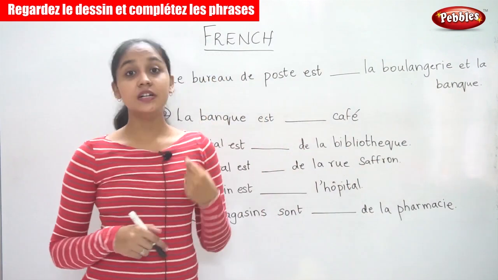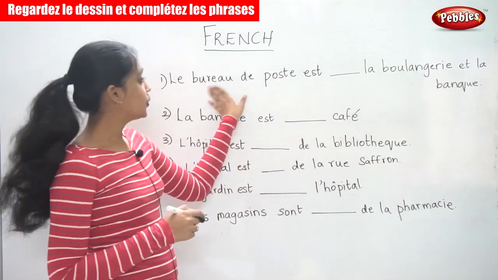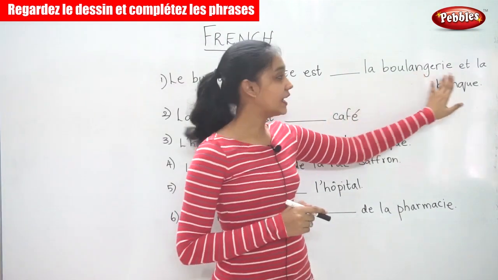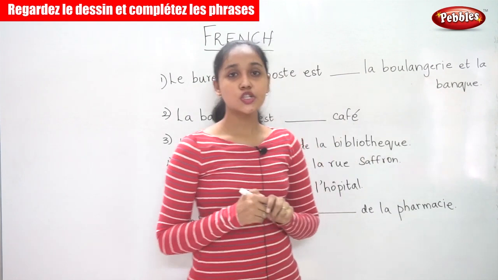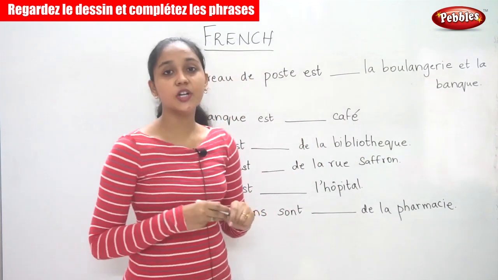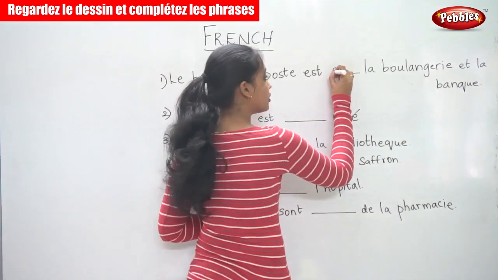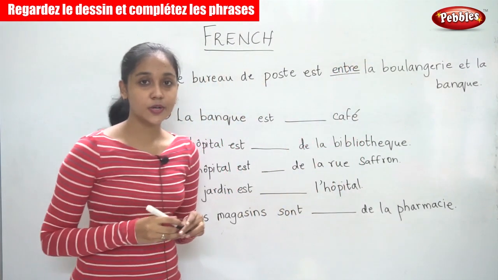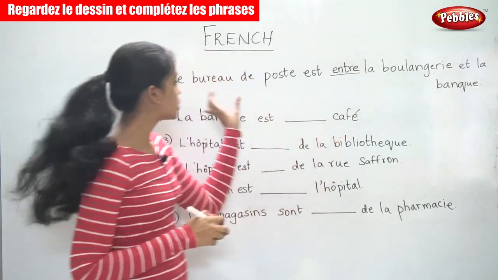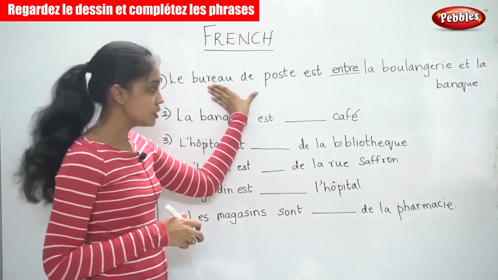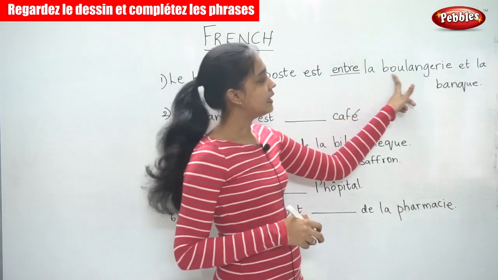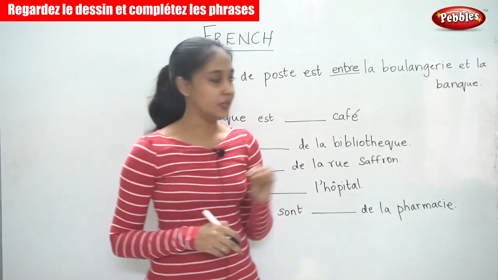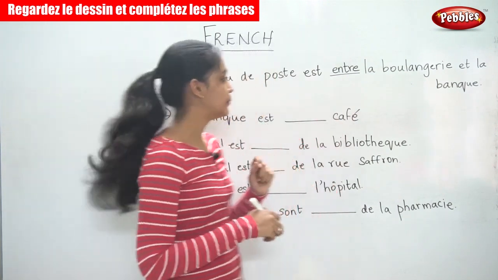If you remember the road map, le bureau de poste was in between la boulangerie et la banque. So in between, the word we use is entre. We're using this word to associate the position of le bureau de poste with respect to la boulangerie et la banque. The word used is entre.